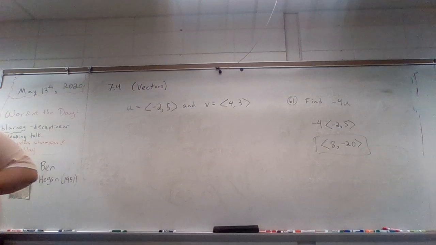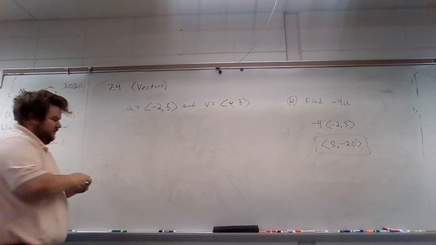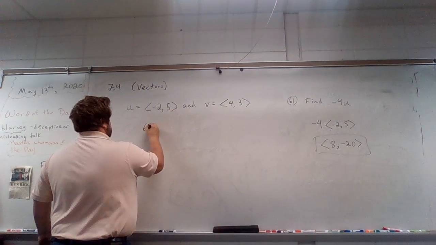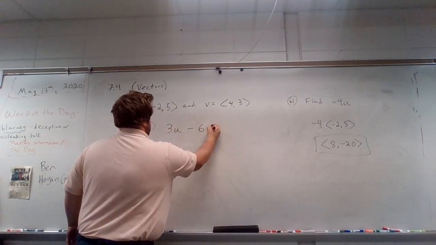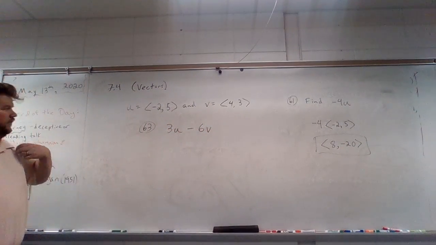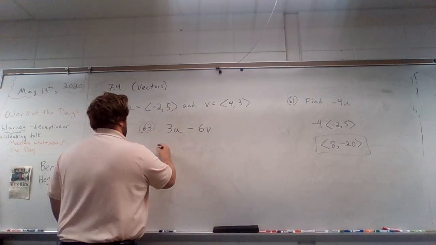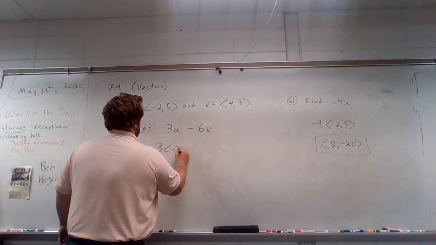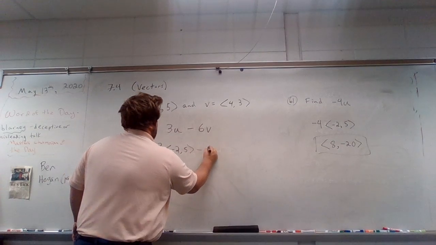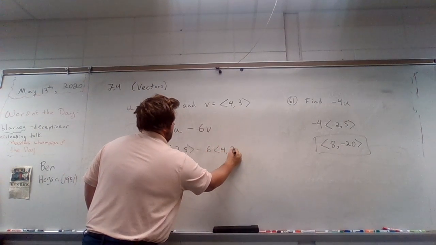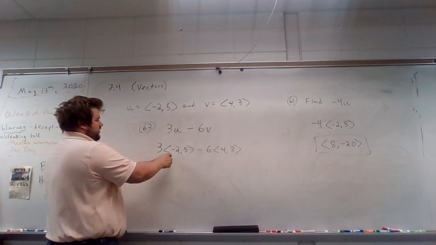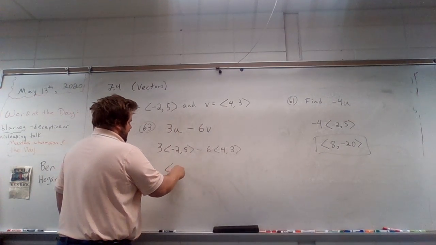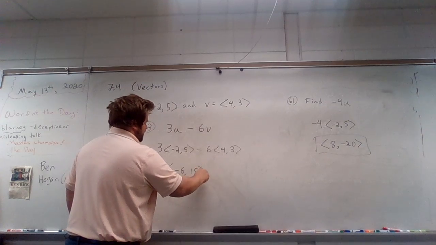Okay, what about 63? So we get 3u minus 6v. So same thing there. If you want to write this out, 3 times u minus 6 times v. So this is really our vector negative 6, 15.